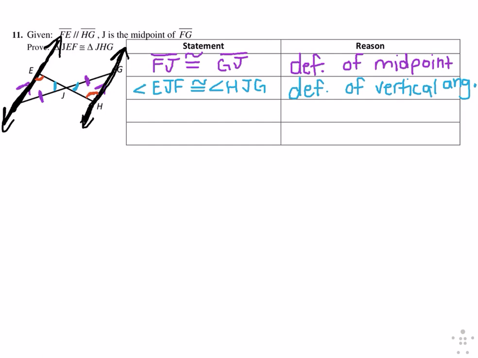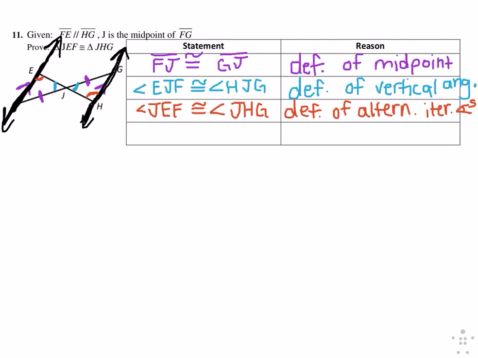So I'm going to say angle JEF is congruent to angle JHG, by definition of alternate interior angles. I'm doing a lot of abbreviation here since I don't have a lot of space.